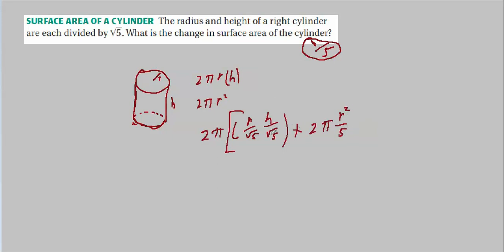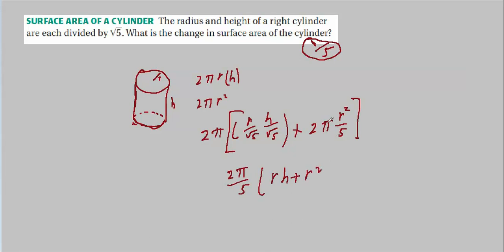Root 5 times root 5, well, that's 5. So if we rearrange this, we can pull 1/5 out of each of these terms and write 2 pi over 5 times rh plus r squared.